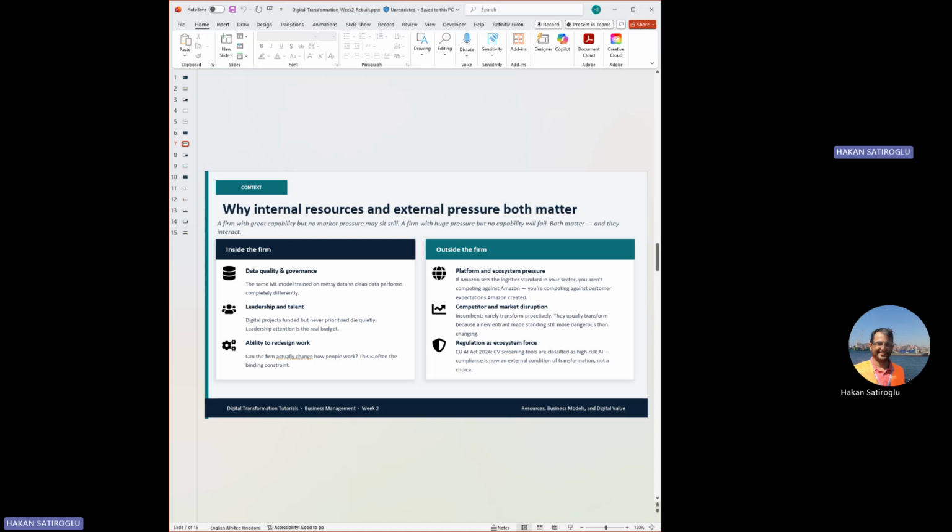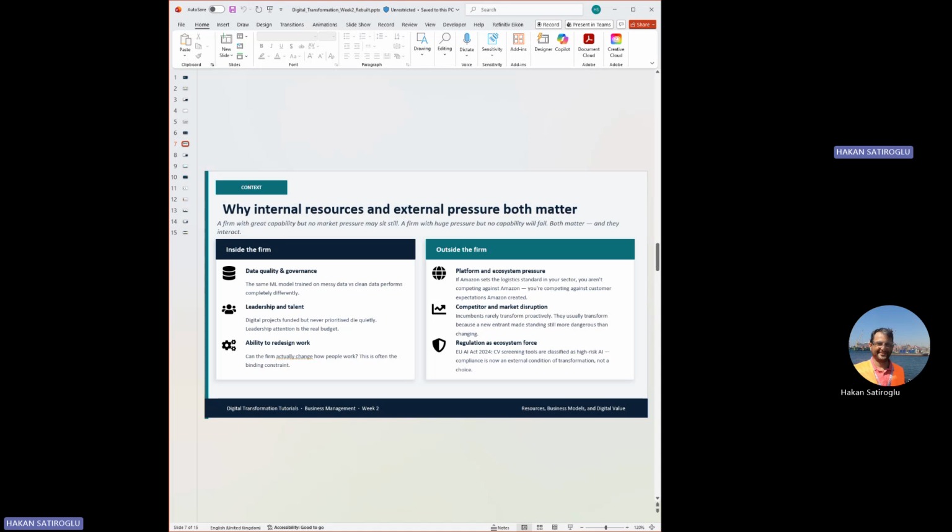We have to adapt according to the external pressure of the business environment. This slide is dedicated to this perspective. Digital transformation is never only an internal story, and never only an external one. It is a combination of them.